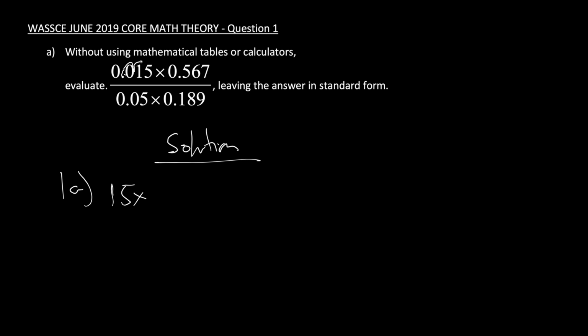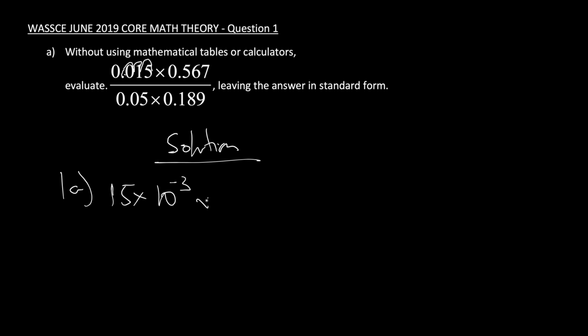So 1, 2, 3. We have 15 times 10 raised to the power negative 3. When you move from left to right, you get a negative exponent, and when you move from right to left, you get a positive exponent.